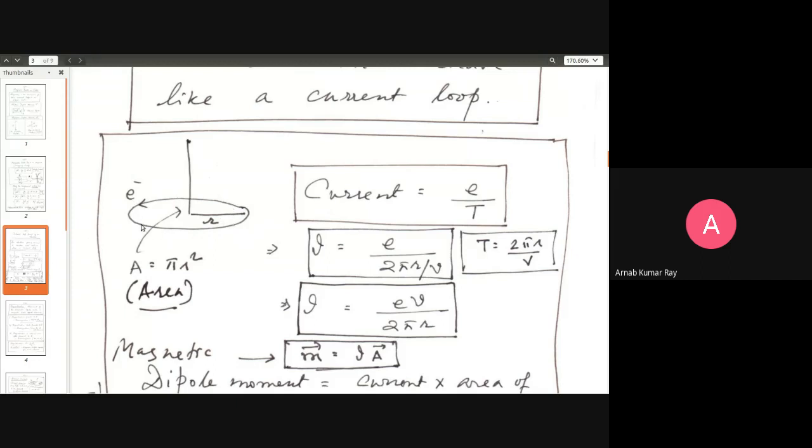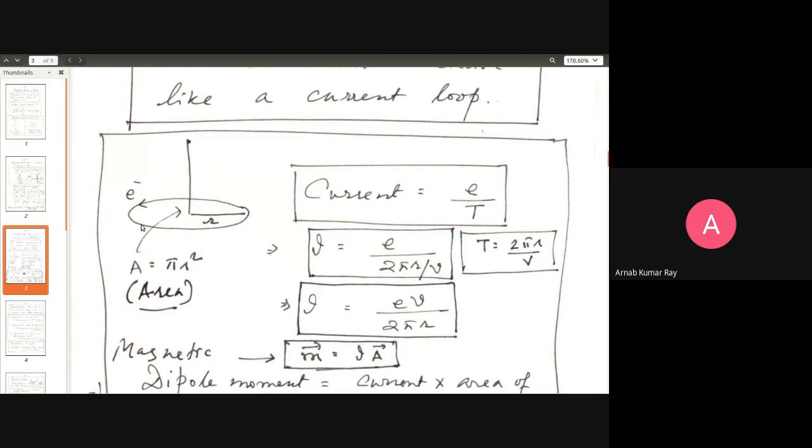It is going in a circle. Therefore, a force must be acting on it, and if there's a force acting on the electron, then the electron must be accelerating. That's also there for planets like our Earth. At this very moment, the Earth is accelerating, except that the acceleration is not so much on the speed, but on the direction. The direction is changing. The Earth is going in a nearly circular orbit, slightly elliptical.